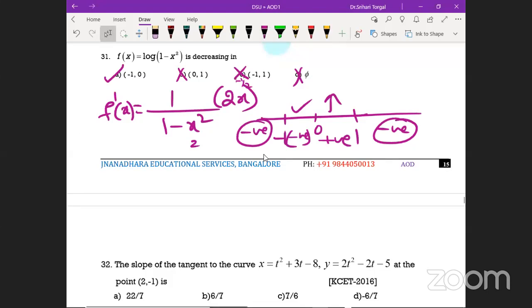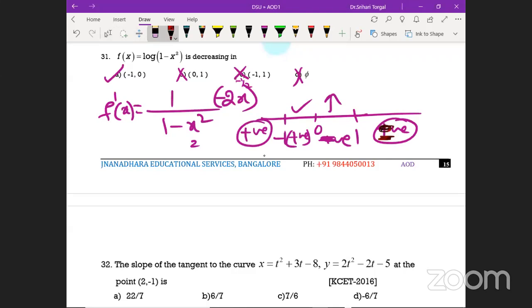I think I have to write the minus sign here, correct. So I think this will be reversed now. This will be negative and this will be positive. If you put a positive value, we will get negative, correct. So this will be negative. Negative, negative, positive, positive.